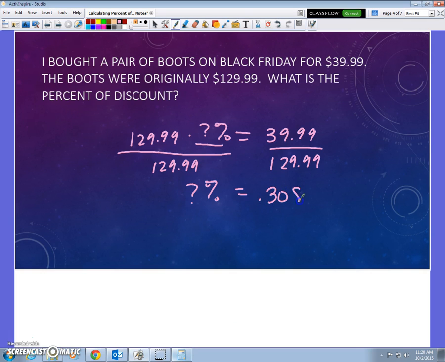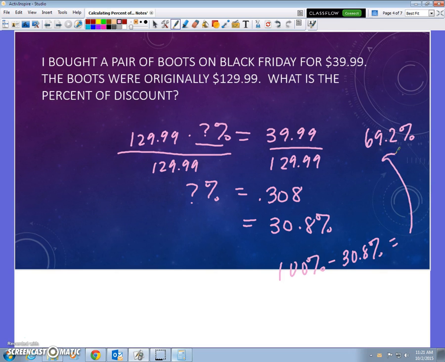0.308, we'll say. All right, now be careful on this last part. So we got 30.8% is the percent that $39.99 is compared to $129.99, but that means if we're paying 30.8%, we had to pay 69.2%... sorry, we are paying 30.8% of it.